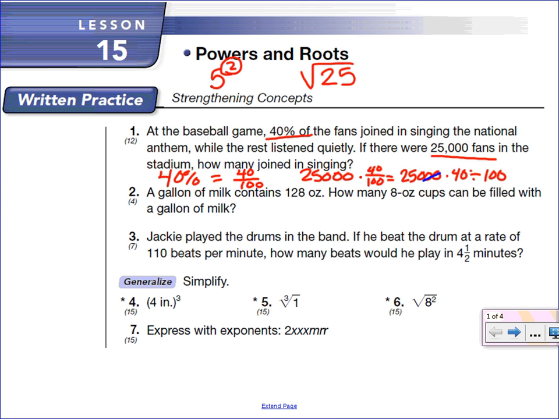That means I'm going to take off the zeros of the 25,000, so I just have 250. And then 250 times 40, well, 25 times 4 is 100, and then I have 2 zeros after that. So 10,000 fans sang the national anthem.